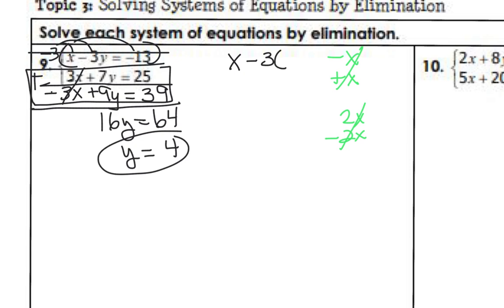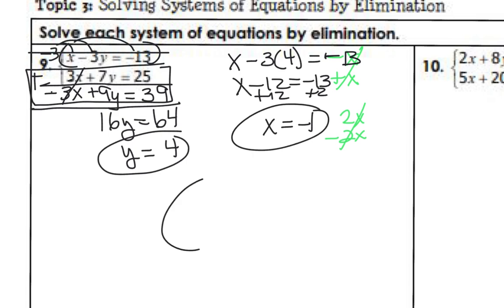I'm going to plug it in that first original one there. So x minus 12 equals negative 13. If I add 12, I get x equals negative 1. So my solution is the ordered pair negative 1, 4.